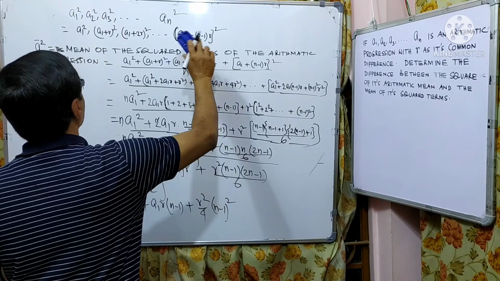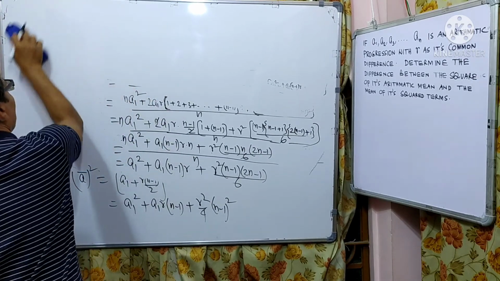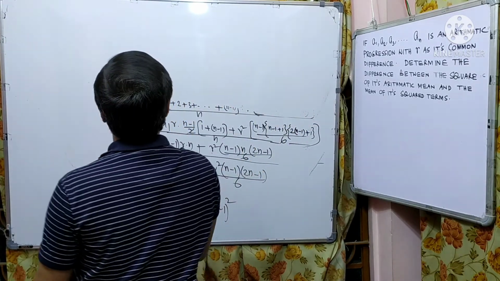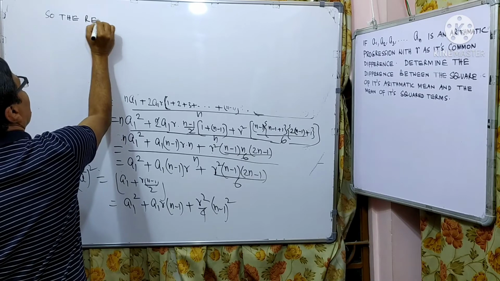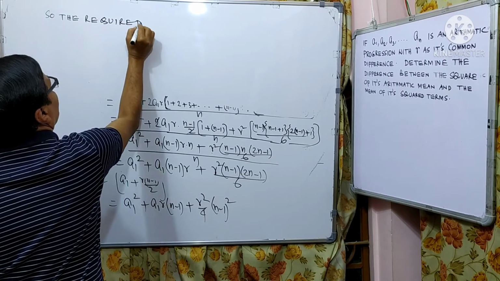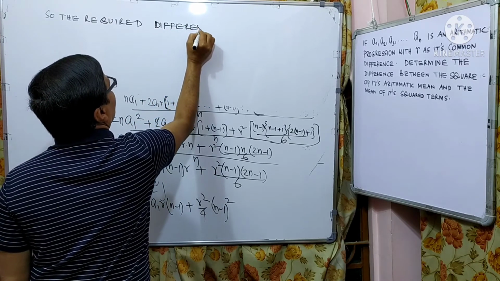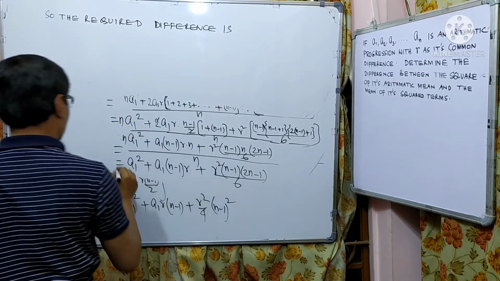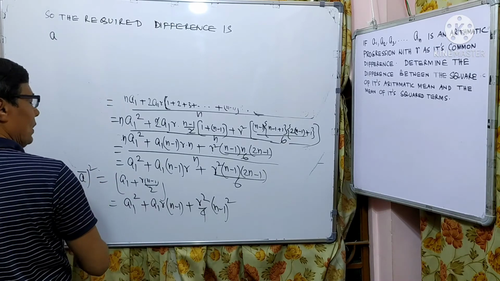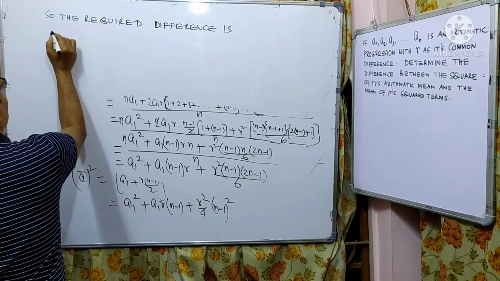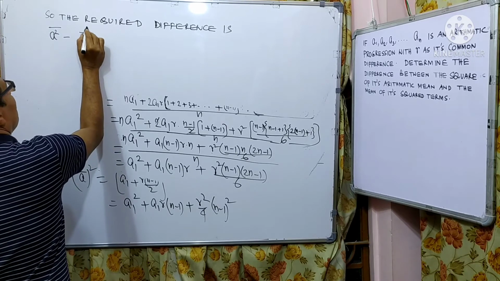So the required difference is a square bar minus a bar square.